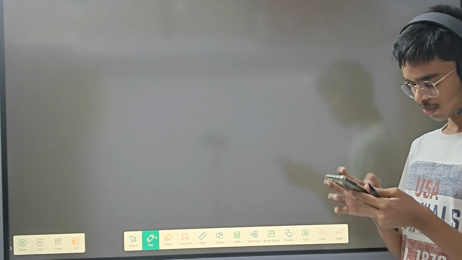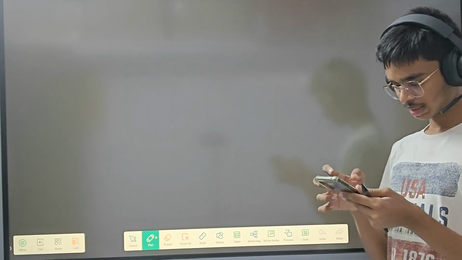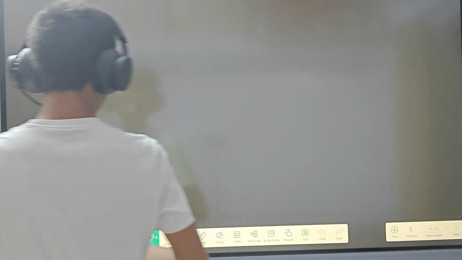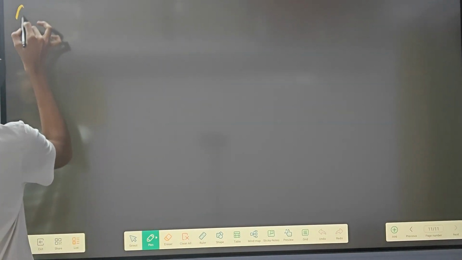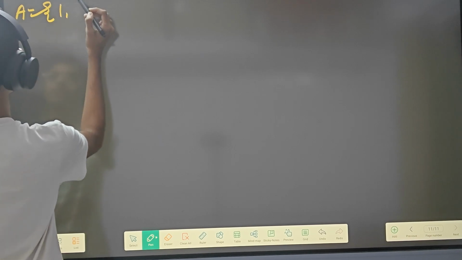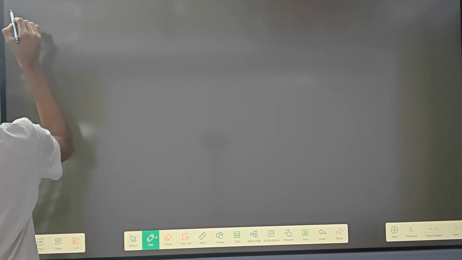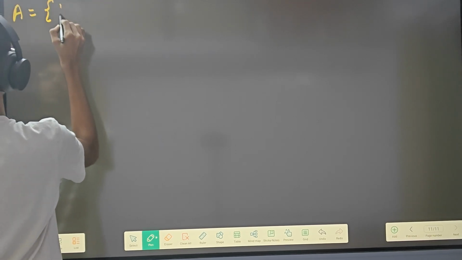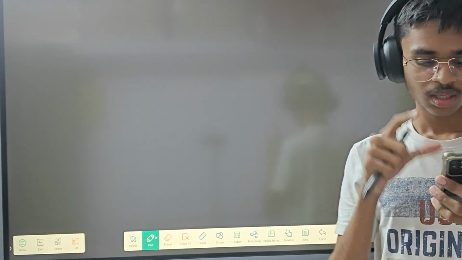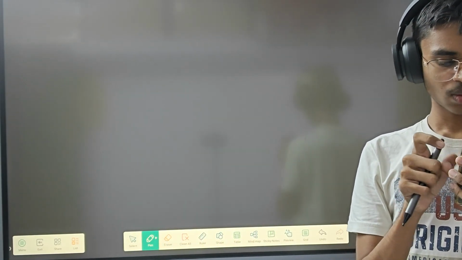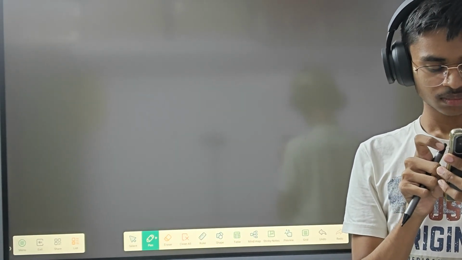So the first sum itself is, there is a set A, which is 1, 2, 3. I will try to make a different video for these sums. So now we will go with functions.